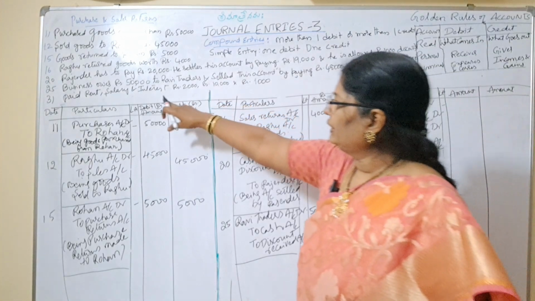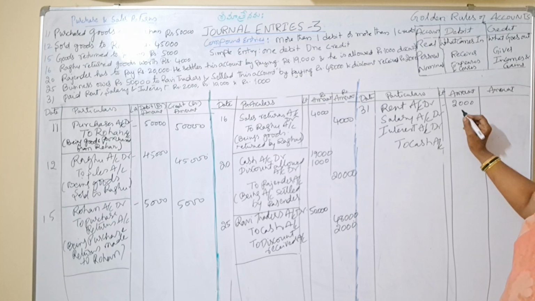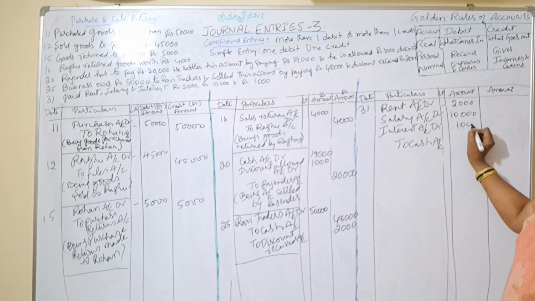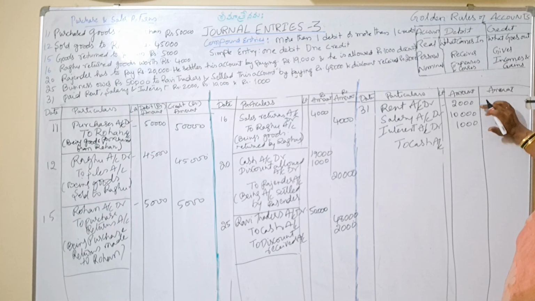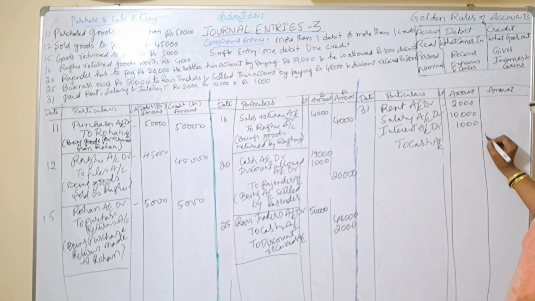What is our rent amount? 2,000. What is our salary amount? 10,000. What is our interest amount? 1,000. So what's the total? 2,000 plus 10,000, 12,000, 12,000 plus 1,000, 13,000. So to cash account we'll write 13,000.